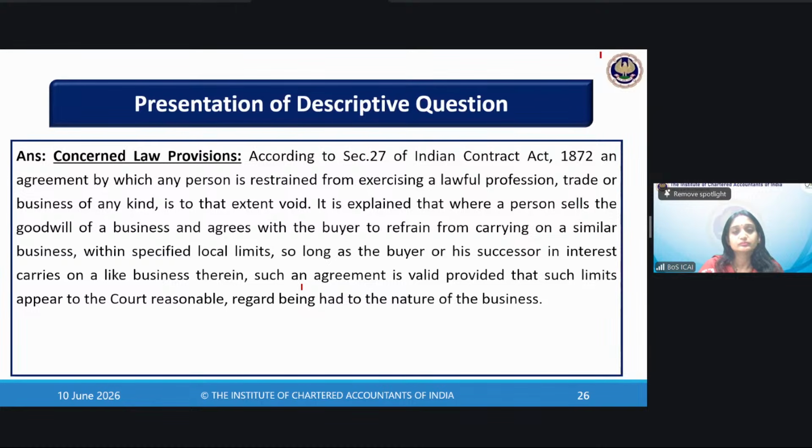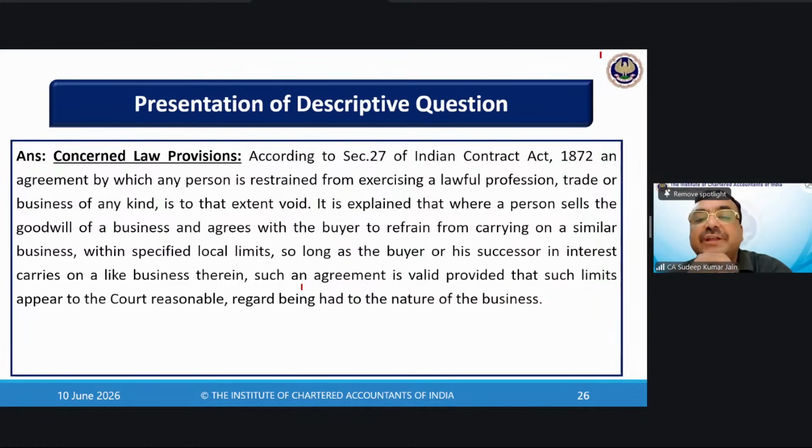Unit 1, page number 2.19. Which point? 2.19, ninth point, in essentials of a valid offer, the last point.